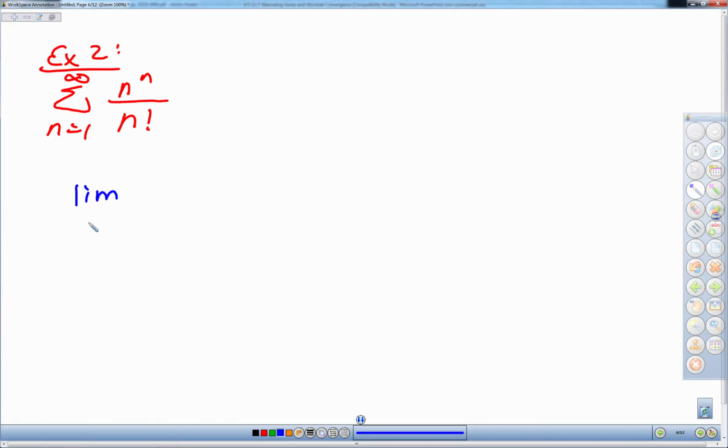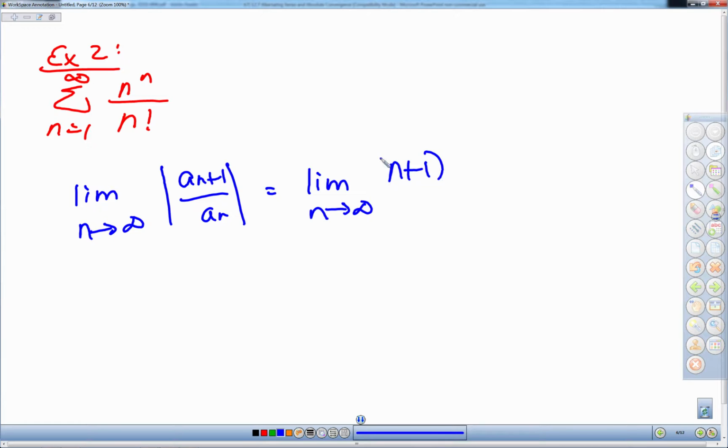Let's take the limit as n approaches infinity of a sub n plus 1 over a sub n. We've got the limit as n approaches infinity, and I believe that's going to be n plus 1 to the n plus 1 power divided by n plus 1 factorial divided by n to the n divided by n factorial.